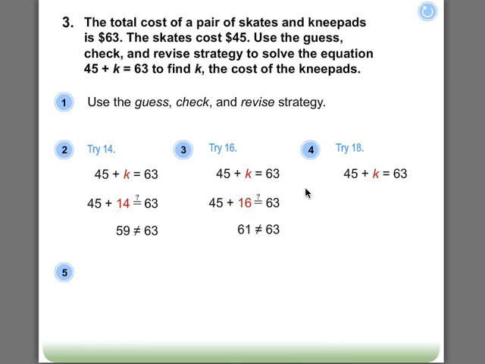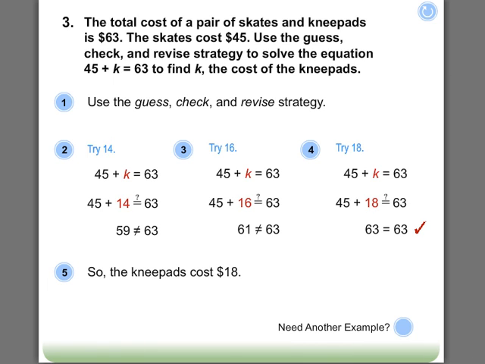This time we're going to try 18. Does 45 plus 18 equal 63? Yes. So we guessed, checked, and revised, and we were correct. So the knee pads cost $18.